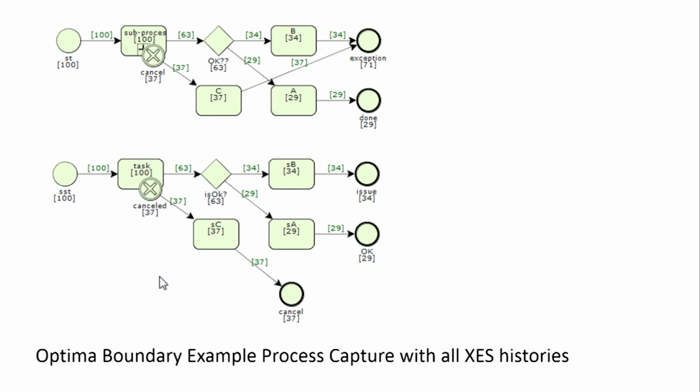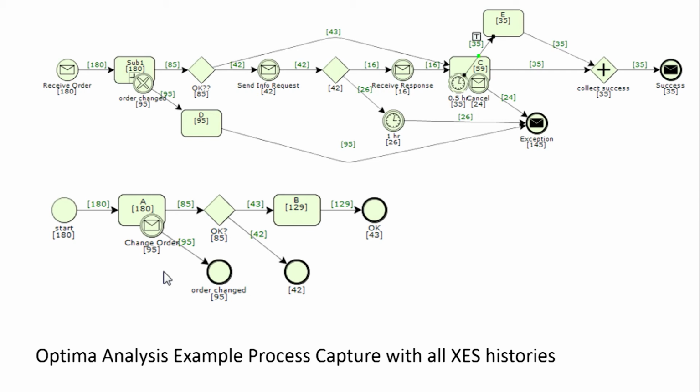And here are things using boundary events, as in the structure that has been discovered in the analysis. And here's an example that Bruce Silver made up early on in the development of Optima, showing interrupting and non-interrupting boundary events and so forth.